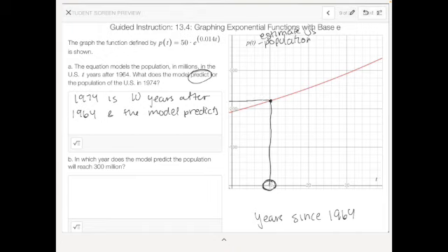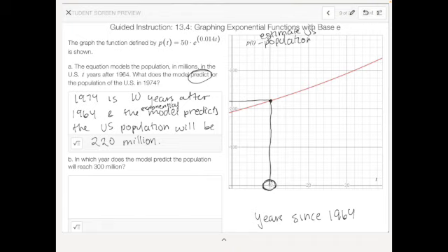That looks to be about 220 million. So according to this exponential model, in 1974, 10 years after 1964, the model predicts the US population will be 220 million. I got that just by looking at the graph.